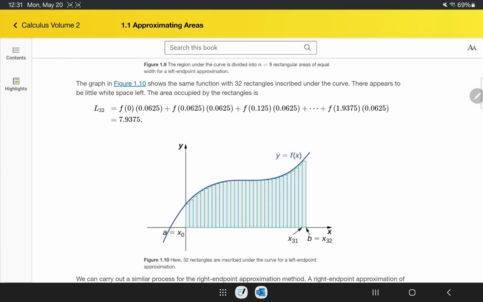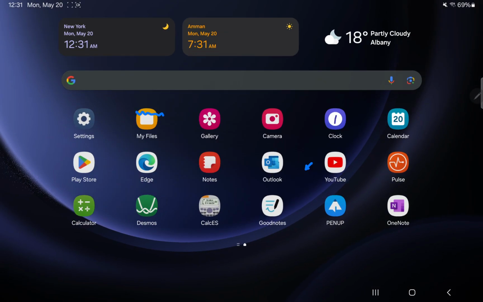Okay, what happens if I divide it even more? What if I have n equals 32? So I have 32 rectangles. If I do that, you can find your delta x to be equal to this.